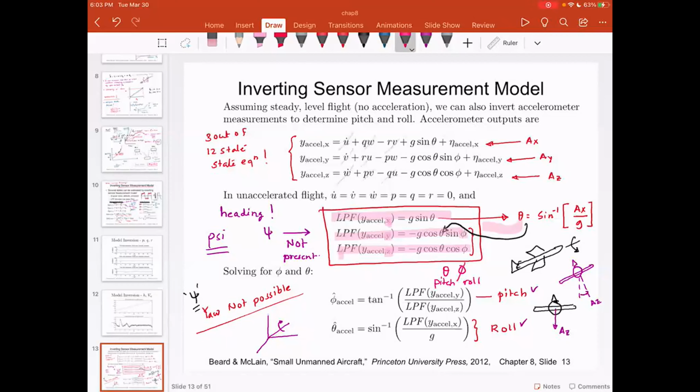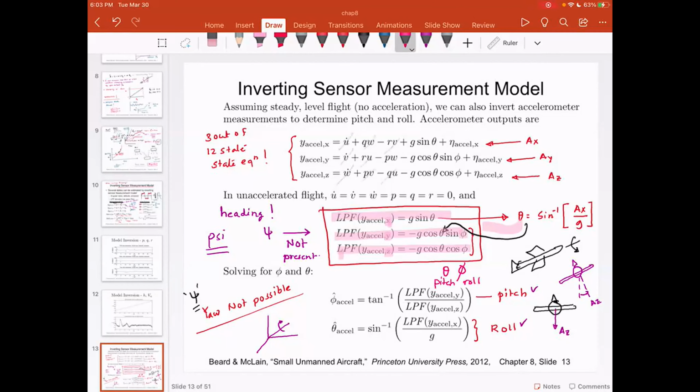Unfortunately, as you can see in these three equations, psi, which is the heading, is not present. So it cannot be found out. But what you can do is you can use a compass and find out the difference between the magnetic heading and the actual heading, use the correction factors, and then find out where you are headed.